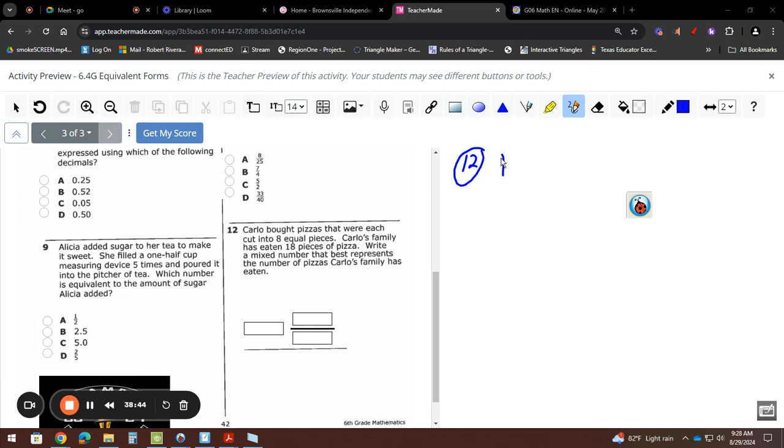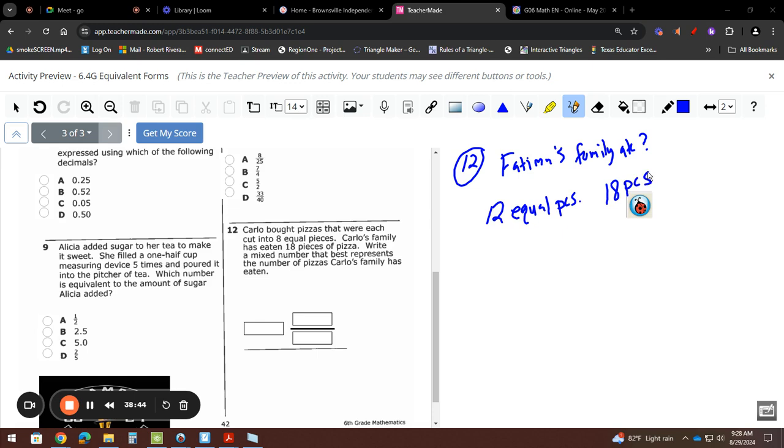They want to know what Fatima's family ate. That's what they want. We know that the pizzas were cut into 12 equal pieces. PCS means pieces. And the family ate 18 pieces.